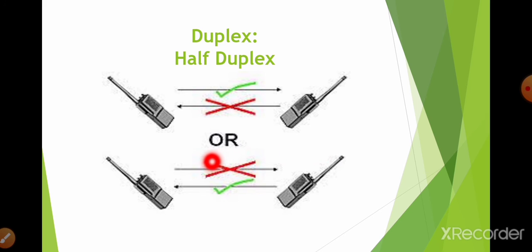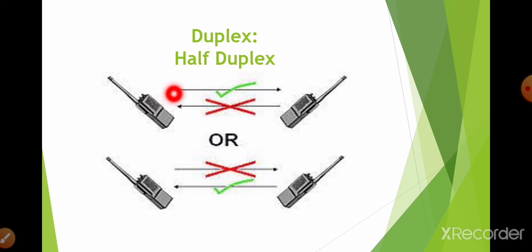For example, walkie-talkie. In a walkie-talkie, data can be transmitted only one way at a time, not simultaneously. When this walkie-talkie transmits the data, which is shown by the green right mark, at the same time the other walkie-talkie only receives, it cannot retransmit the data.